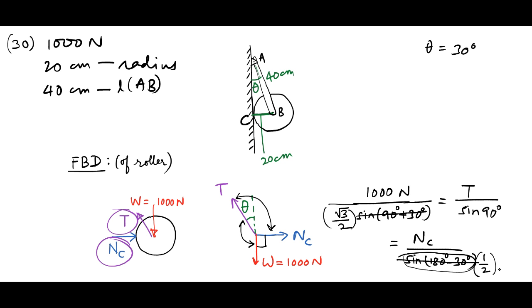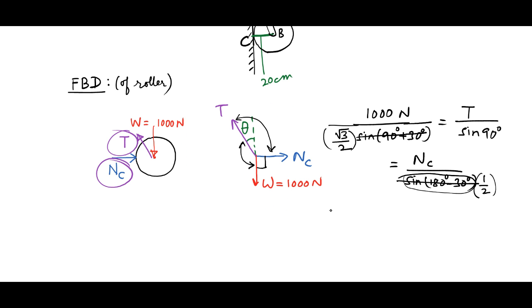So this entire equation can be rewritten as follows. I can just simplify by taking this 2 to the top, so 2000 divided by root 3 newtons equals T upon sine 90 degrees, which is 1, need not write it, equals, I take this 2 to the top, so it becomes 2 times NC.